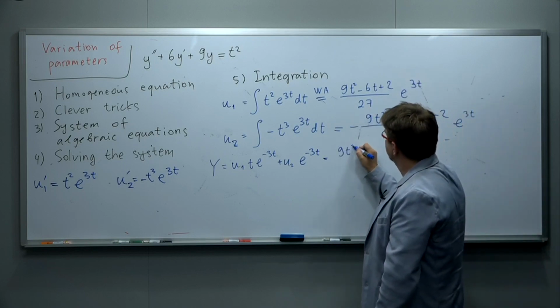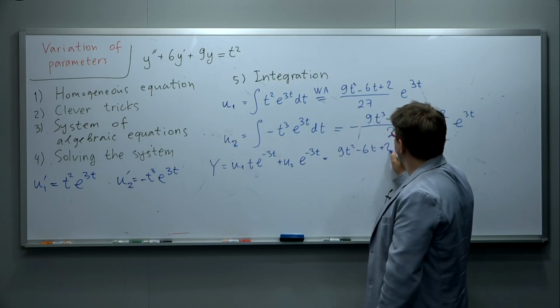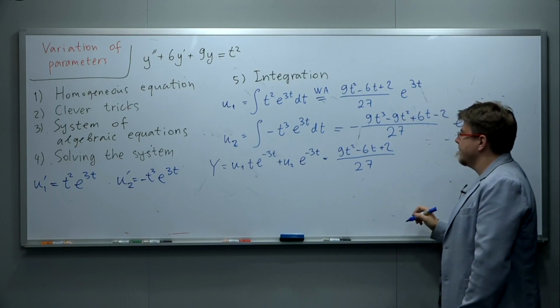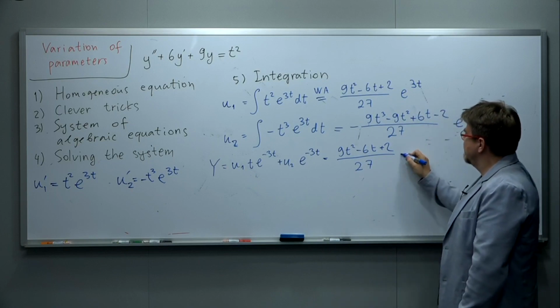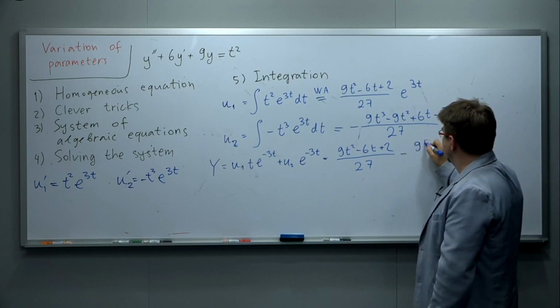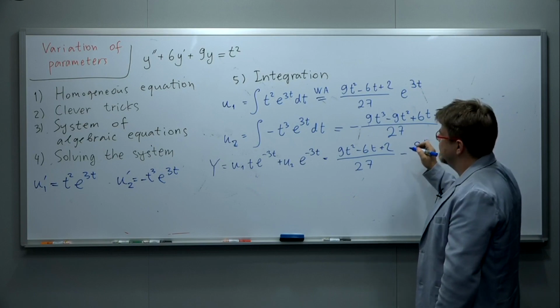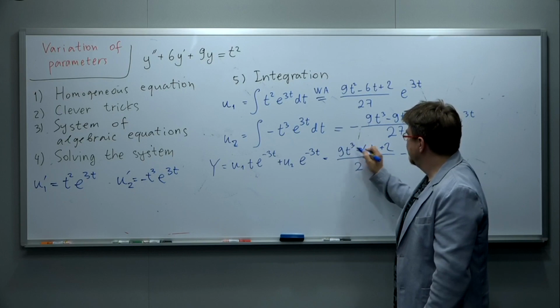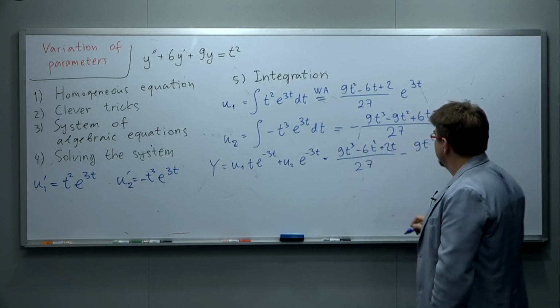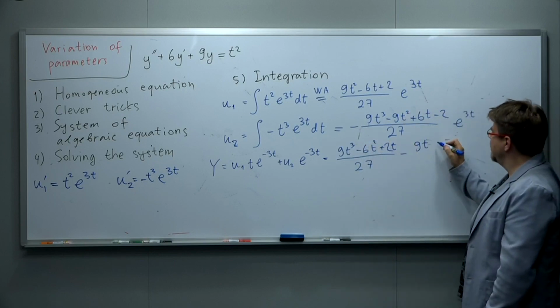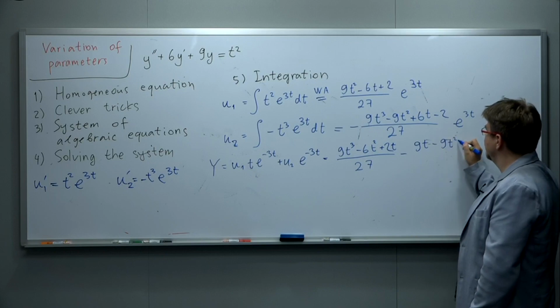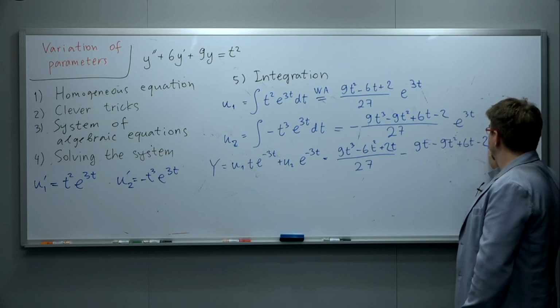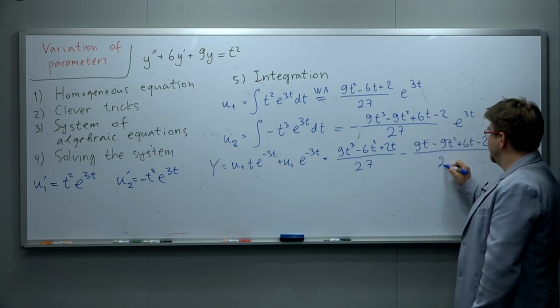So it's 9t squared minus 6t plus 2 over 27 minus 9t times t. So it is actually t cubed, t squared, and 2t. Minus 9t cubed minus 9t squared plus 6t minus 2 over 27.